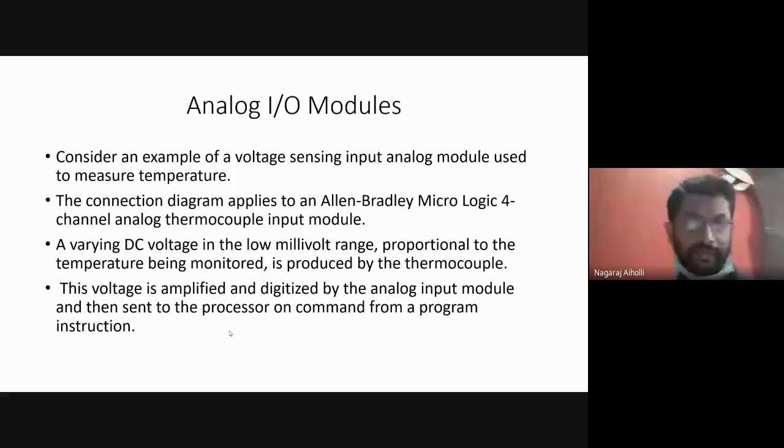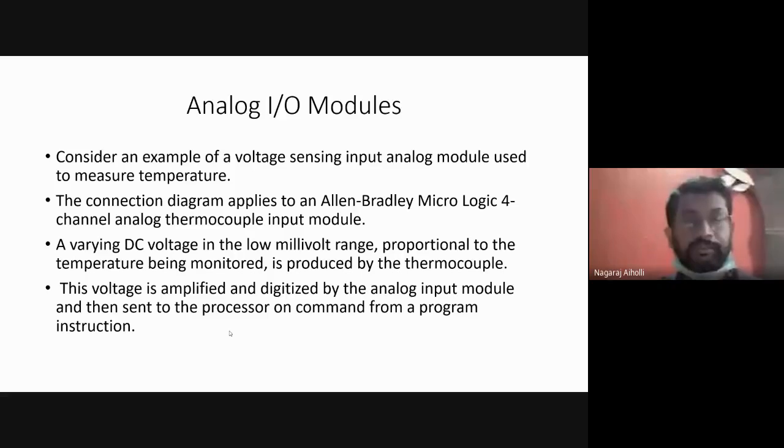Then I apply temperature to both the ends, to this end and also to the other end. I maintain a certain temperature difference between the two ends. When I maintain a temperature difference between the two ends, then current flows in the circuit, or a voltage is formed in the circuit.